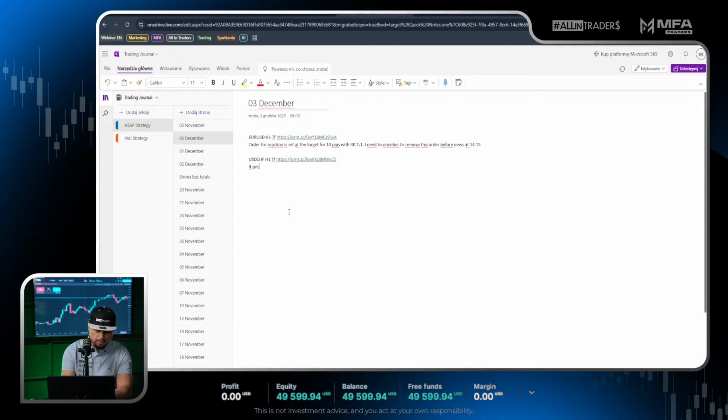If price will break through support and resistance zone, I will set order for reaction at the target with risk to reward 1 to 1, stop loss for 10 pips.